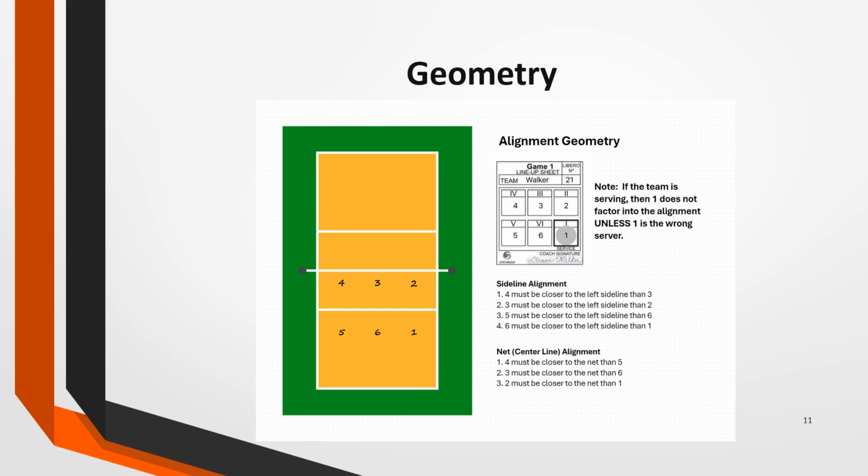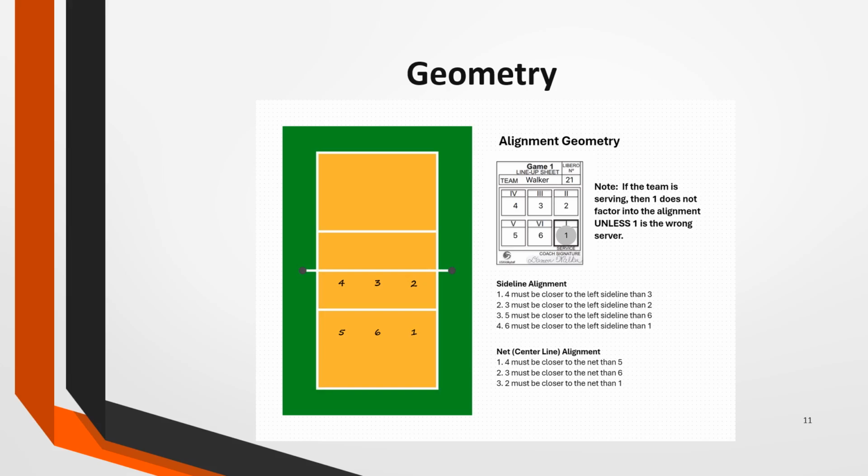The basic alignment rules can be thought of in two directional ways, if you will. I always like to think of it as left and north, and you'll see why shortly. The actual rules will make reference to the left sideline and will make use of the center line.